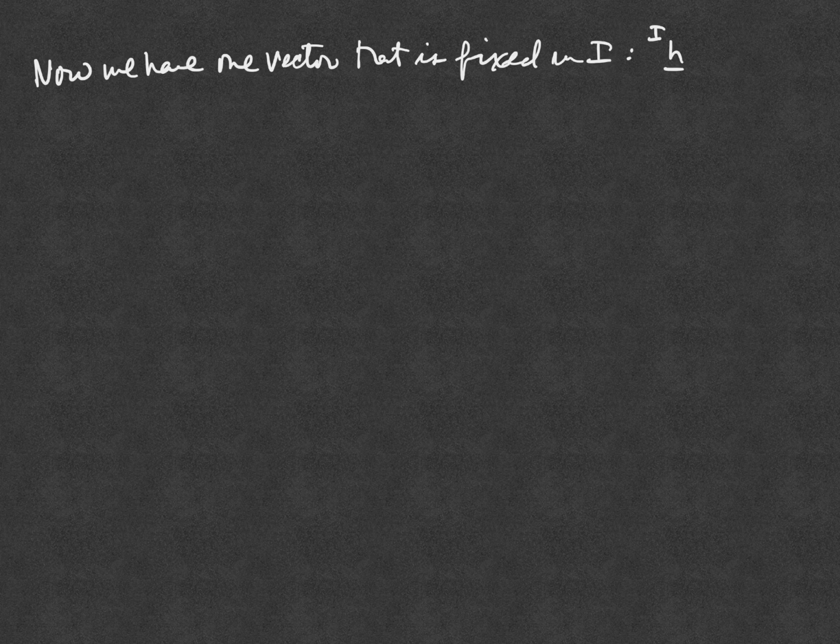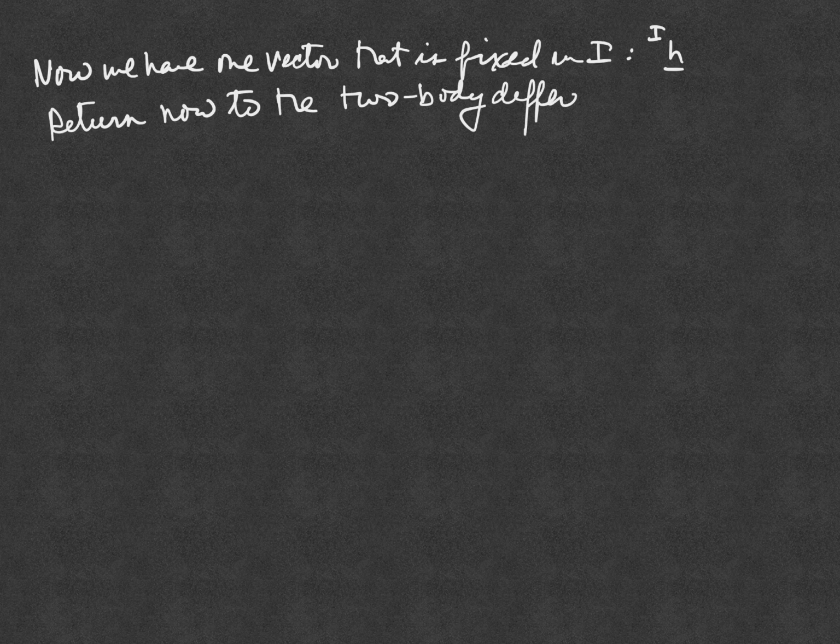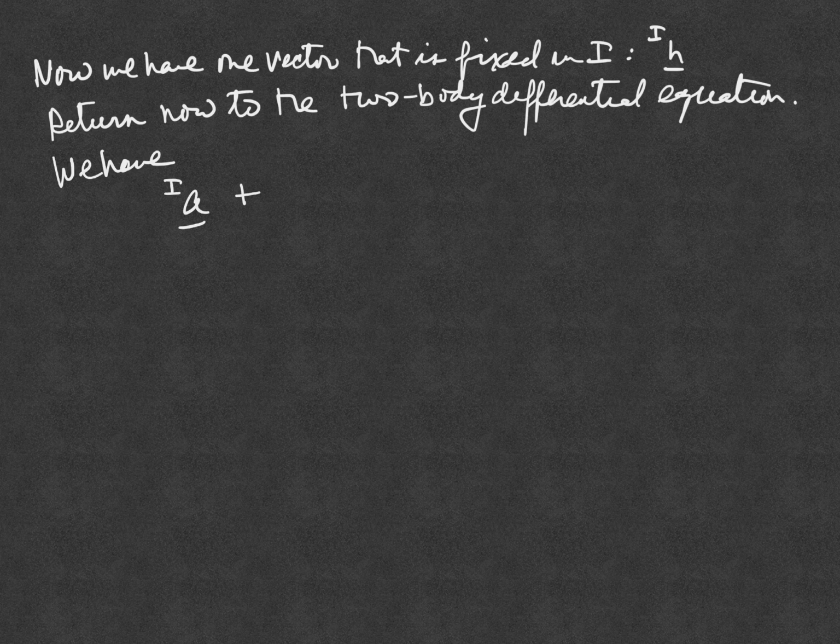So now return to the two-body differential equation. So we have a_I plus mu over r cubed times r is equal to 0.